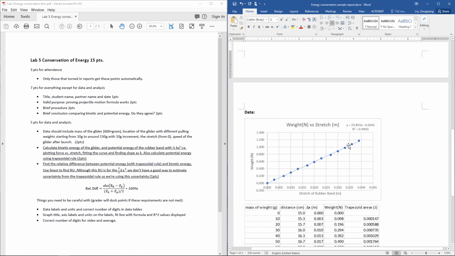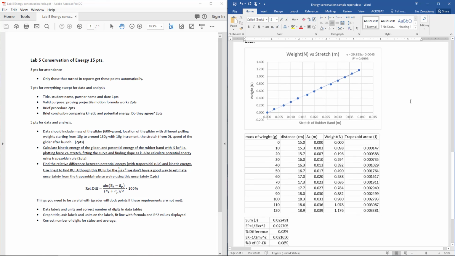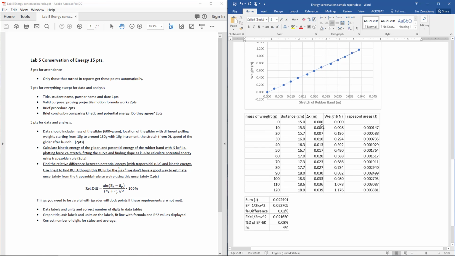And let's take a look at data. So weight versus stretch of the rubber band in meters, newtons. This looks decent. And masses and their corresponding weights. These are the positions. These are the stretches. Okay, so the decimals are all acceptable.